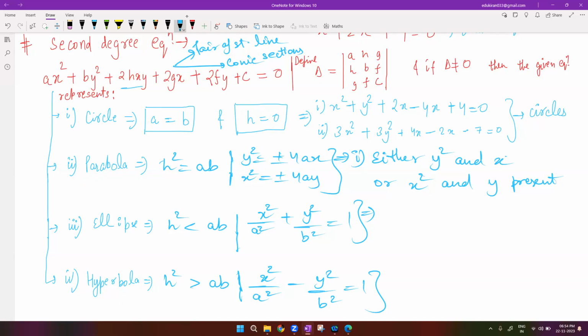Both are positive because a square and b square will always be positive, right? So in this case, both x square and y square will be present, but with different coefficients with the same sign.